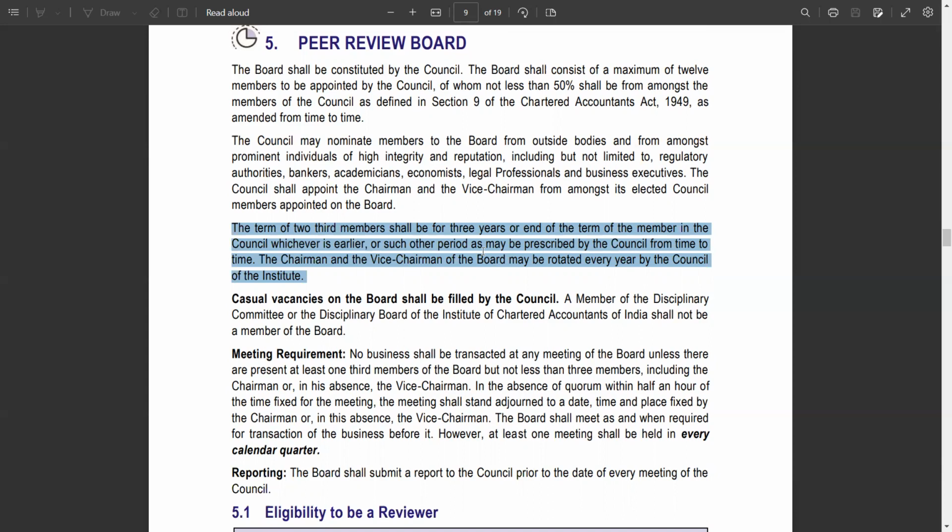To be precise, if a member has a term in council of, say, 2 years, shorter than the mandatory period of 3 years in the peer review board, then that period will be the shorter among the two. So two-third members, 3 years, or the council term, whichever is shorter, to be exact.